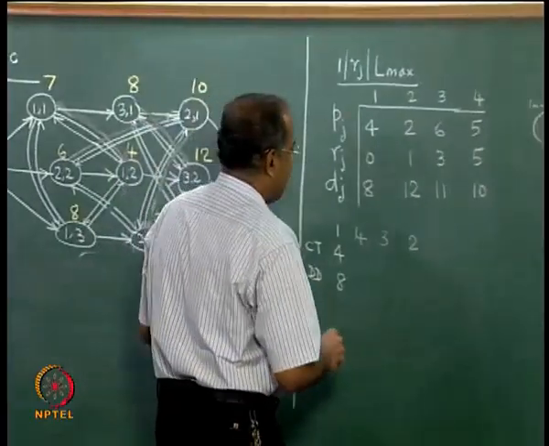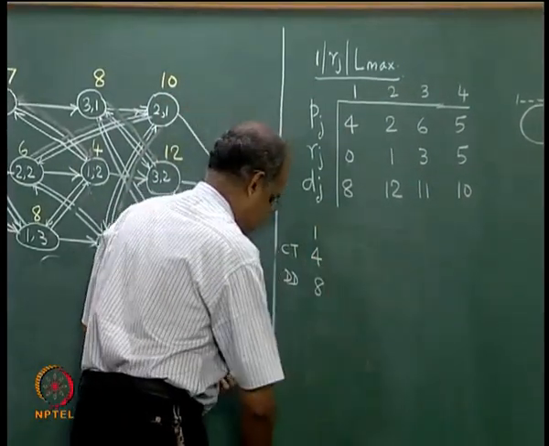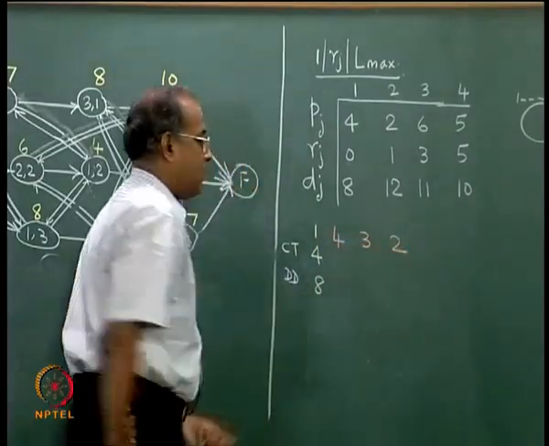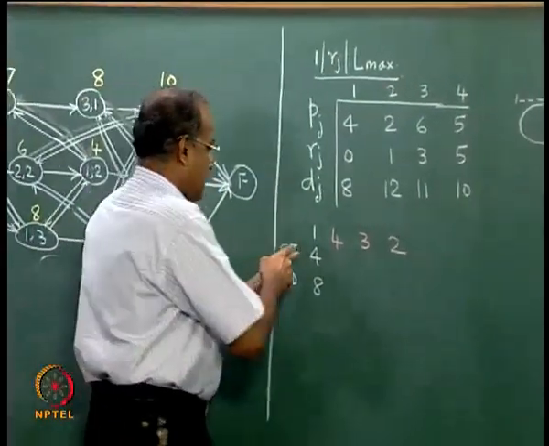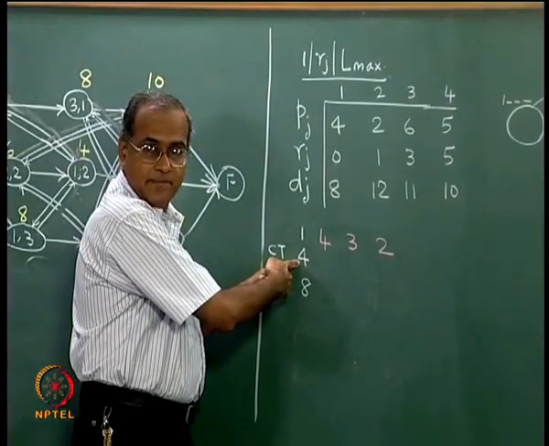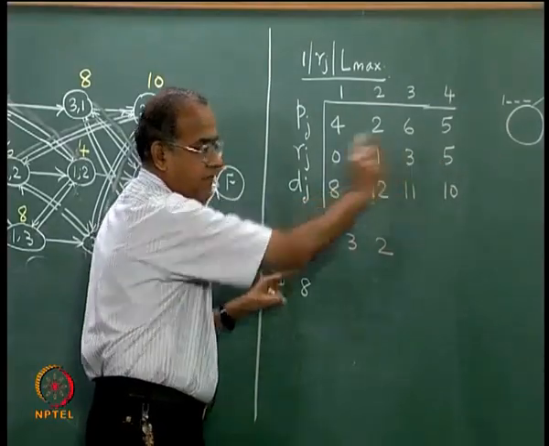Now, the tentative completion times will be: machine is available at 4, but this job is going to come only at 5.